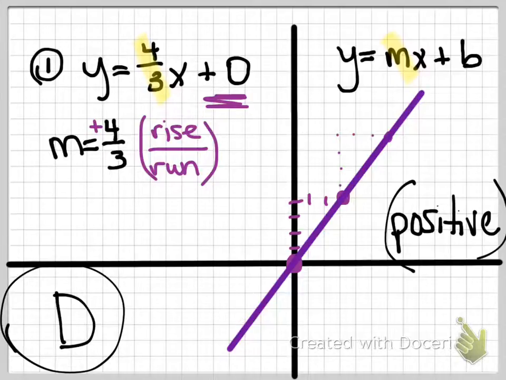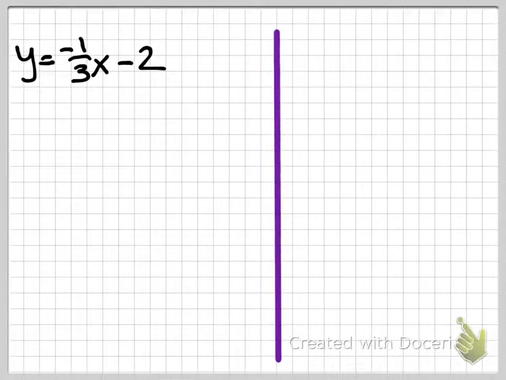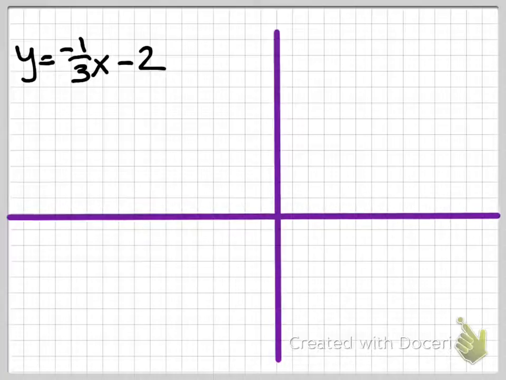Let's do number 5. So in number 5, we have the equation y equals -1/3 x minus 2. So notice this is a negative slope. Negative slopes will point downhill from left to right.